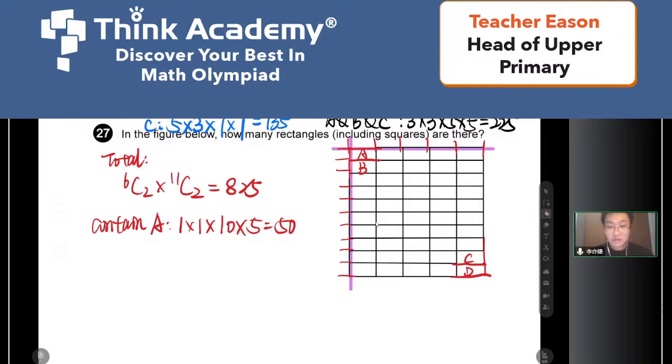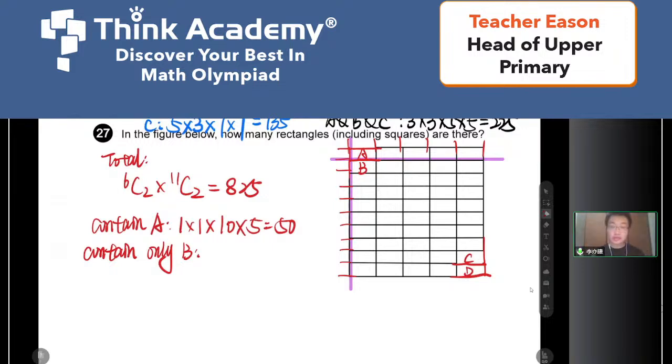Okay. So for those who contain B, on the other hand, there are two horizontal lines above B, but if we use the first one, it must contain A. So for those who contain only B instead of A, to avoid some trouble, we just use the second line to be the top.